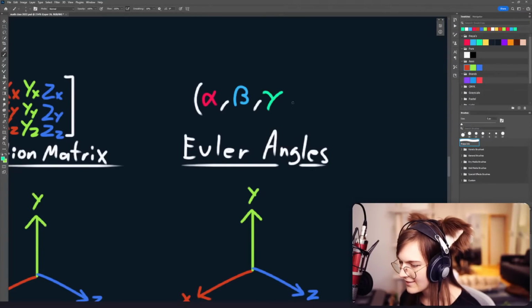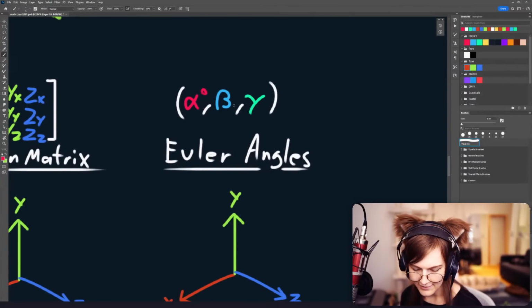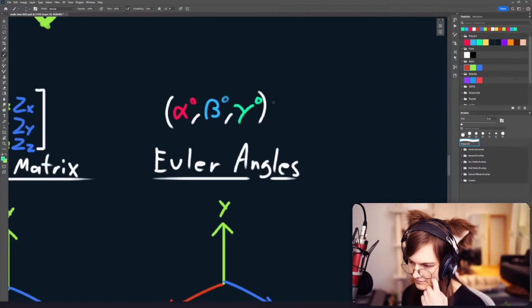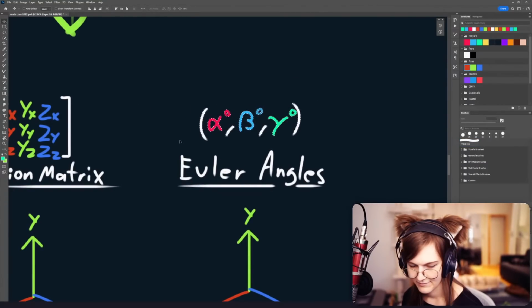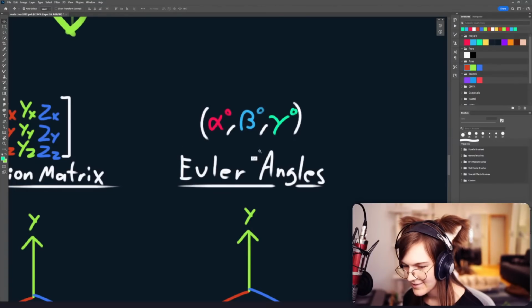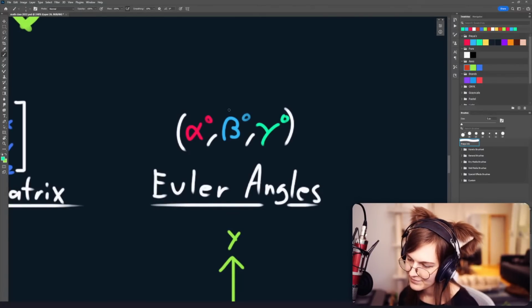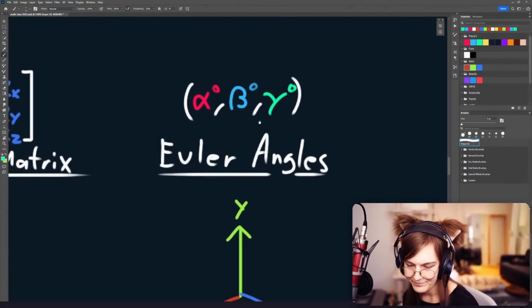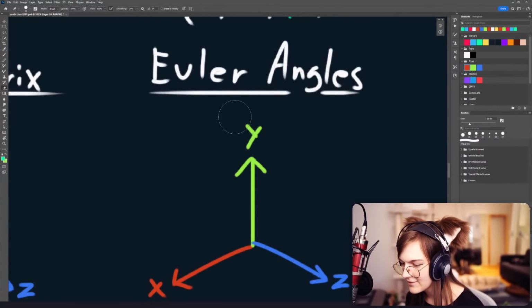And so these are all angles. So I'm just going to add a little angle marker, pretending they're in degrees specifically now. I'm not using my axis colors intentionally, because these don't actually correspond to X, Y, and Z. So Euler angles, well, they can, but in Unity they don't.